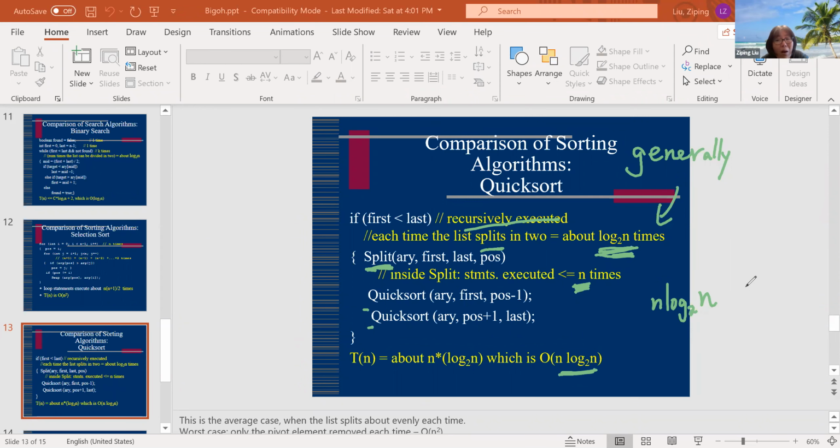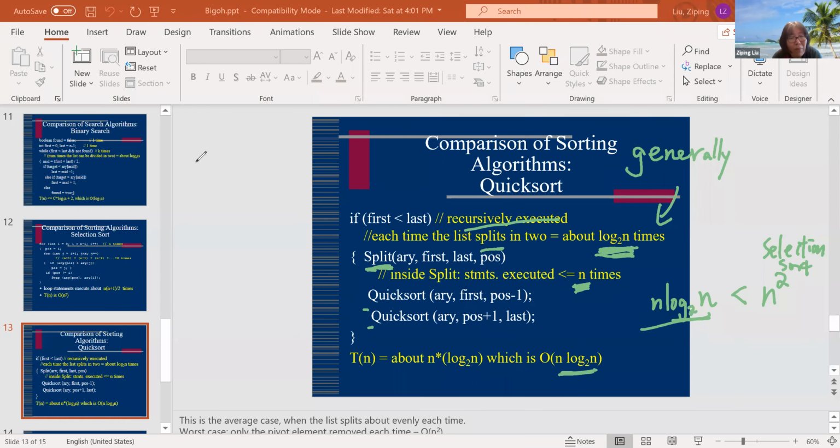n log 2n is less than n quadratic. That's selection sort, and this is quick sort, but this is just generally speaking. Generally speaking, a split is log 2n.